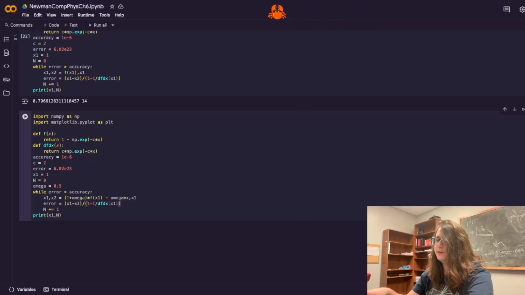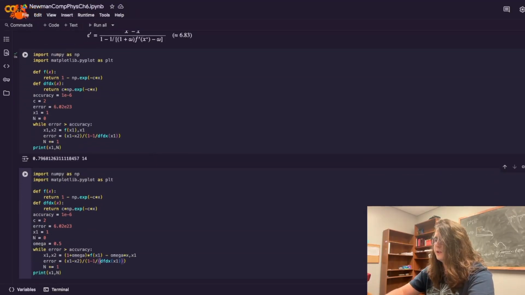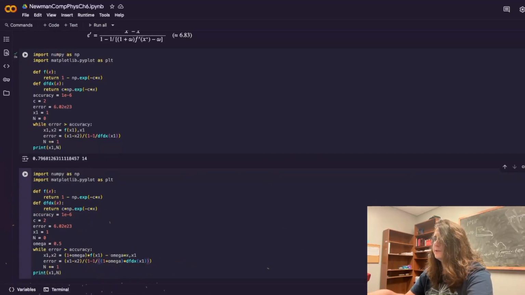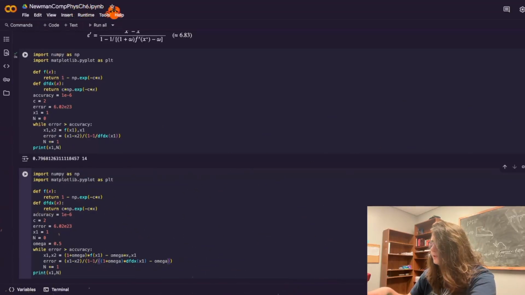It's now 1 minus 1 over big thing in parentheses, which turns out to be 1 plus omega times the derivative evaluated at x1, and then you subtract off from that omega, right?